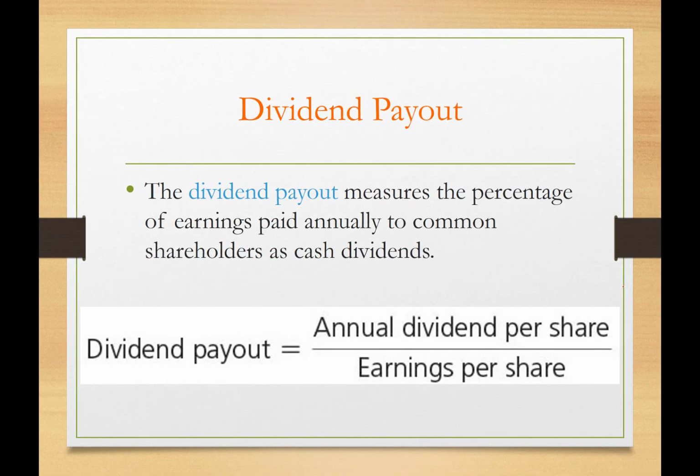And then dividend payout: how much, from a percentage perspective, of earnings is given back to common shareholders as cash dividends. Again, rule of thumb, we'd certainly want this to be high. Annual dividend per share divided by earnings per share.